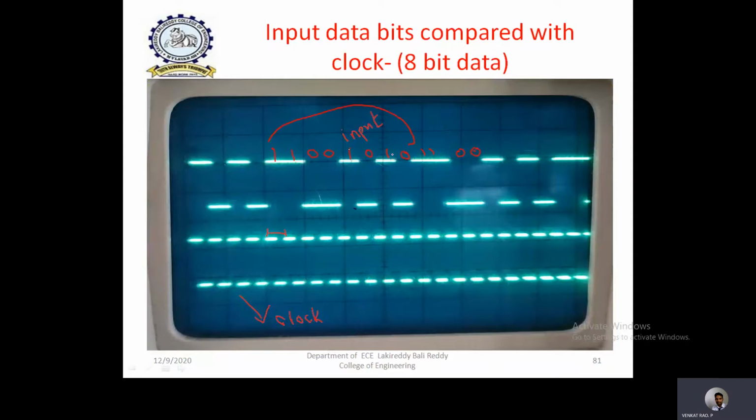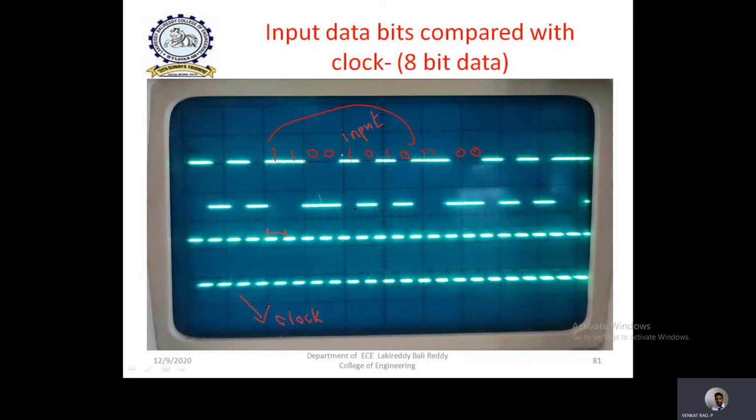Starting from this to here, there will be 8 bits. You can clearly observe these 8 bits repeating again from here. Again 1100 is appearing here and it will be repeated. So this is the procedure to observe the corresponding bit sequence in the input data pulses. This only works whenever we compare with the clock signal time periods.